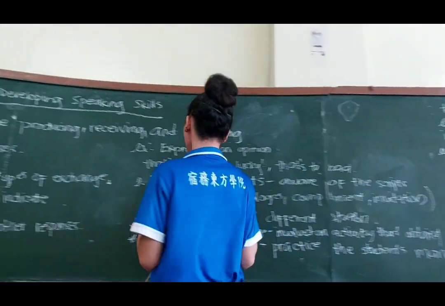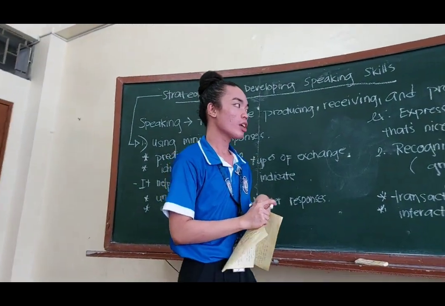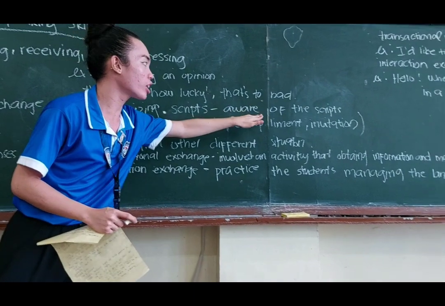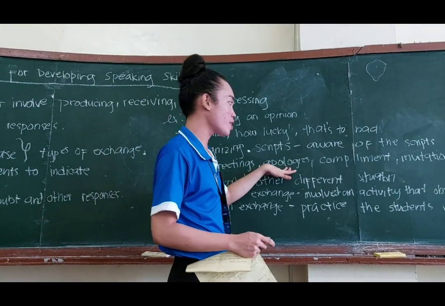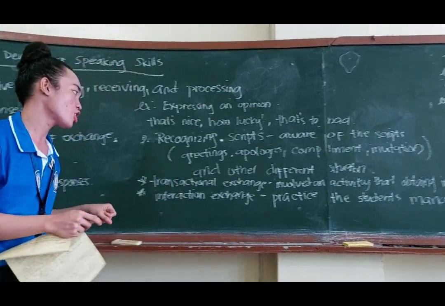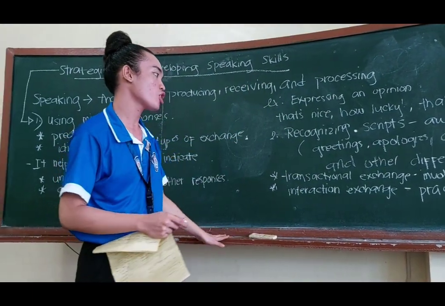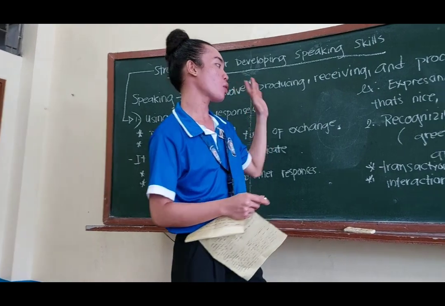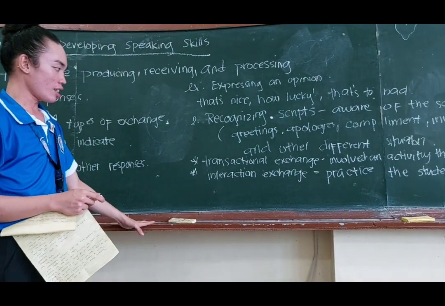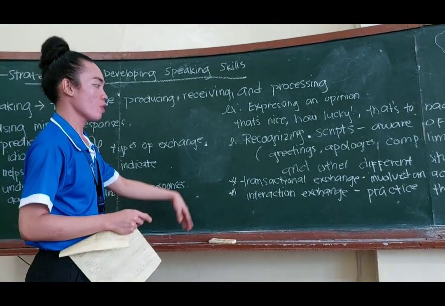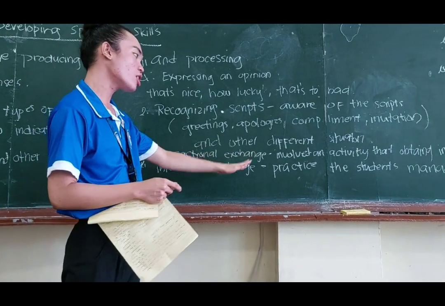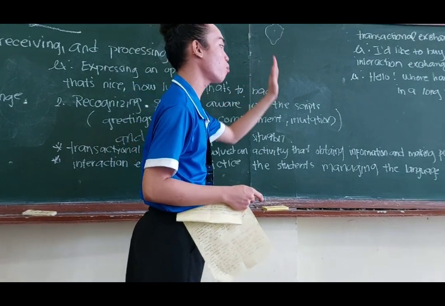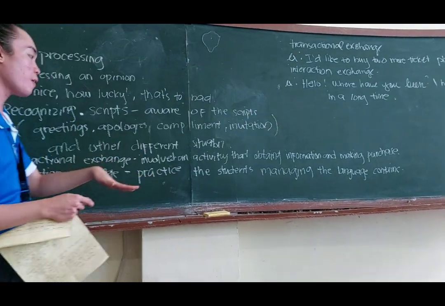So again, recognizing scripts is being aware of the scripts such as greetings, apologies, compliments, and invitations and other different situations. And in recognizing scripts, there are 2 types of scripts. Number 1 is a scripted transactional exchange, which involves activity that obtains information and makes purchases.